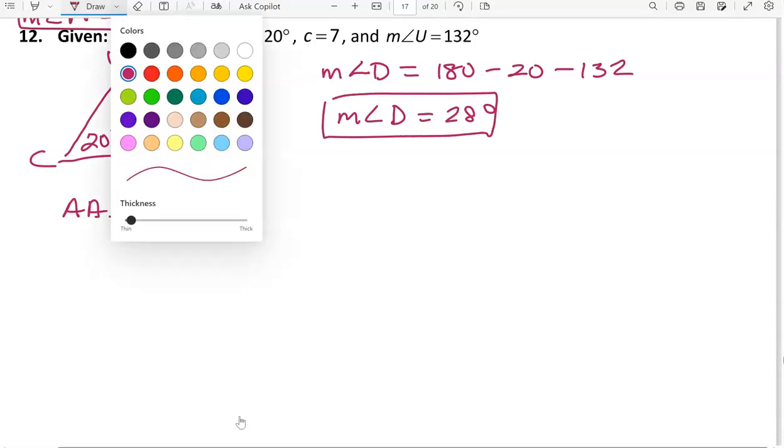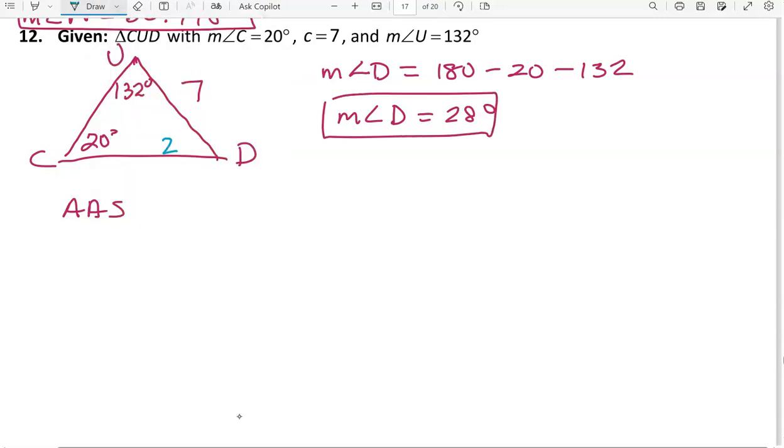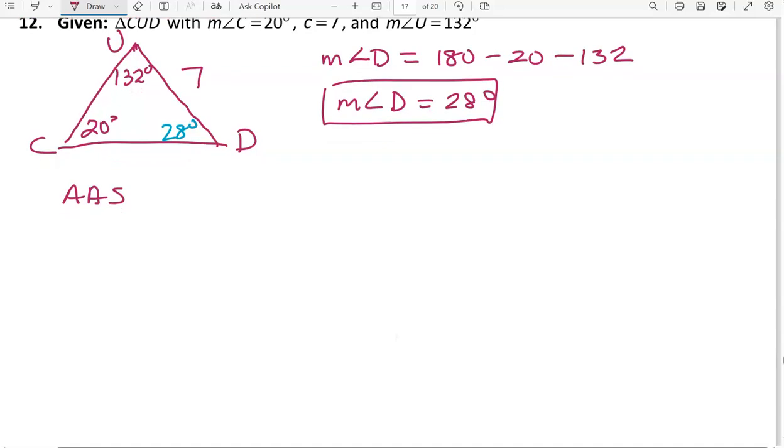Since I now have that angle, I'm going to insert it in the diagram. And now we get to find the remaining sides. It doesn't matter which side we find first once we have all the angles, because the law of sines doesn't give us ambiguous results when finding sides, only when finding angles.